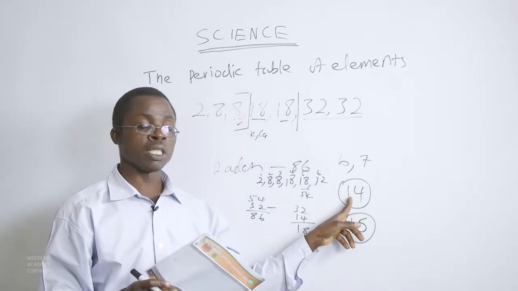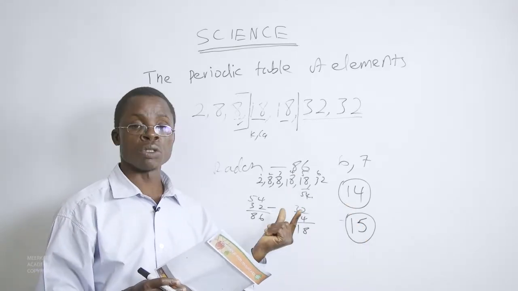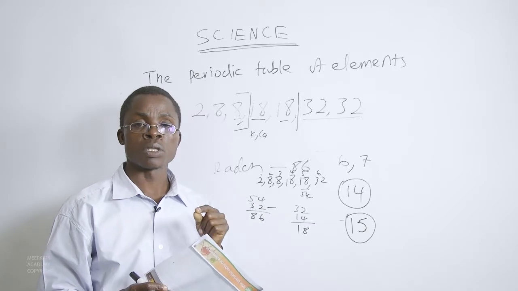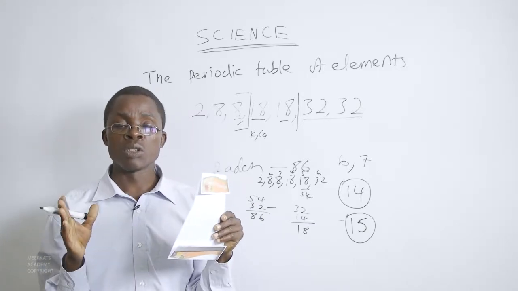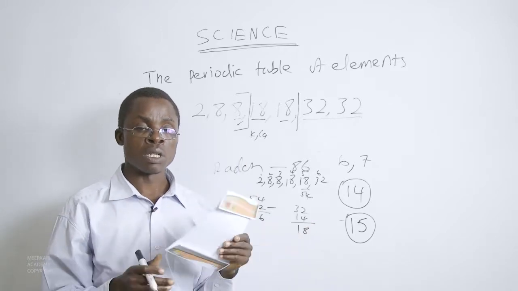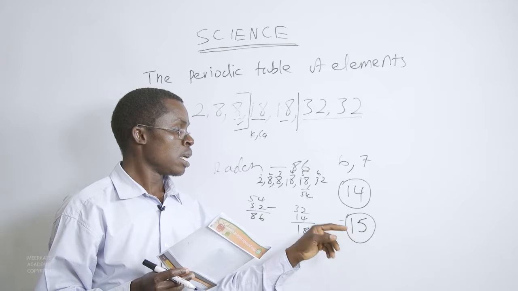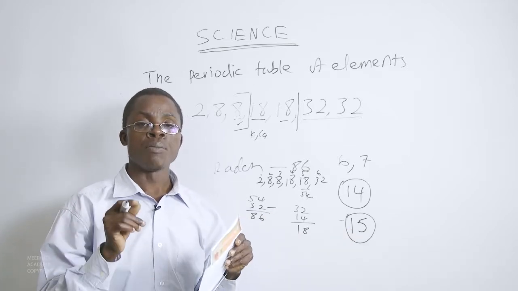When you subtract 14, when counting to get the position, you include the box that is carrying the information of which region or which range is for lanthanoids and actinoids. When you subtract 15, the figure you get will be minus the box.